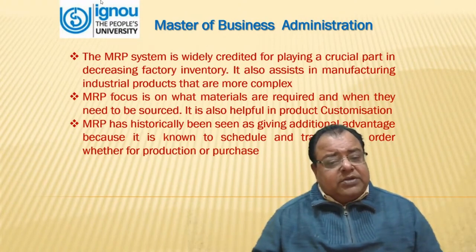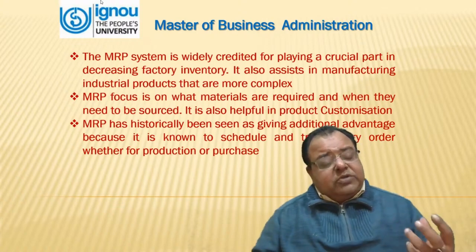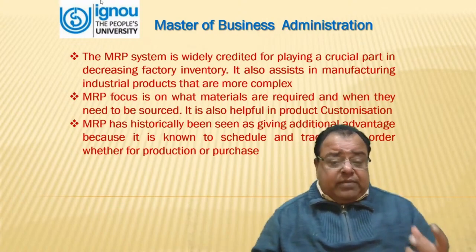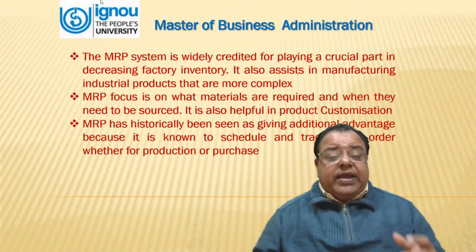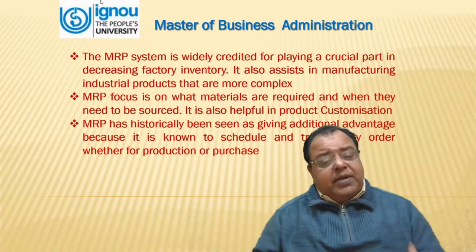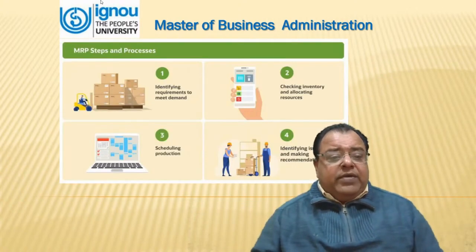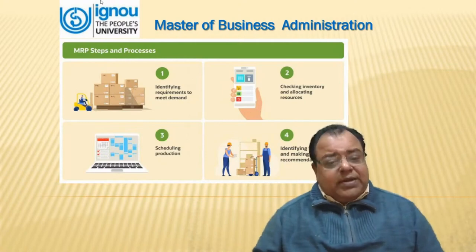MRP focus is on what materials are required and when they need to be sourced. It is also helpful in product customization. MRP has historically been seen as giving additional advantage because it is known to schedule and track every order, whether for production or purchase.